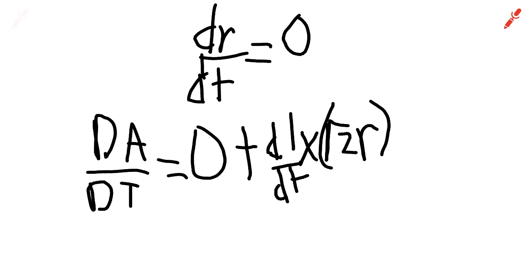Since we know what dL dt is, which is negative p, because the length of the rectangle is decreasing at p units per second, and since it's decreasing, it will be negative. Sorry about this x right here, don't get confused.